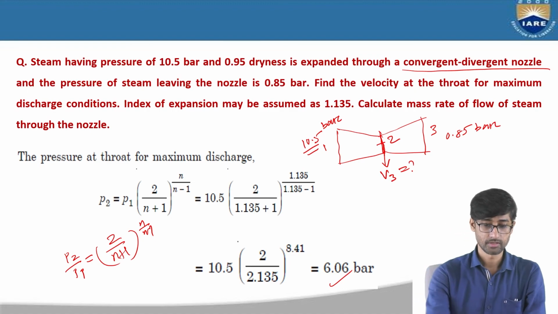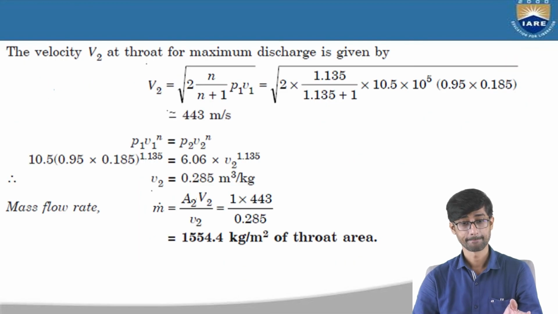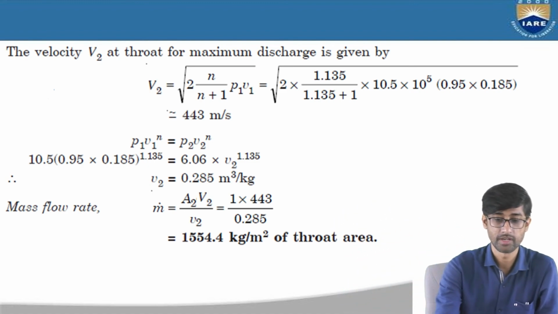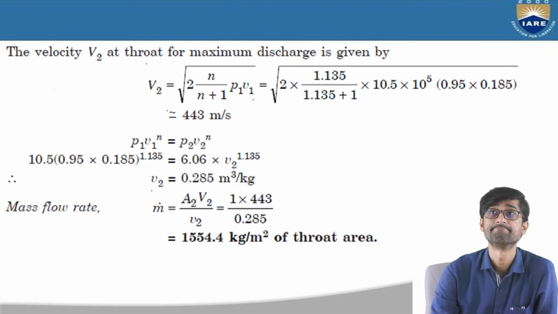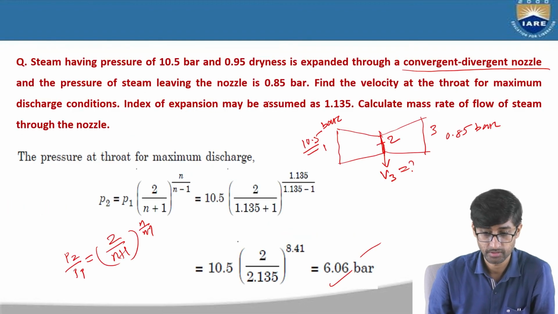So this is the throat pressure you have to calculate, P2. So after calculating P2, what is the maximum velocity you have to calculate? For maximum discharge conditions, V2 is equal to under root of 2 into n by (n plus 1) P1 V1. Calculate the value of V2. This is the value of V2 that we got.